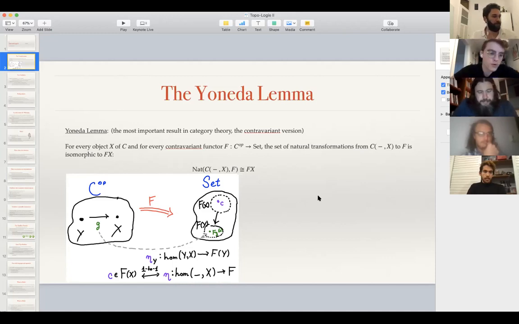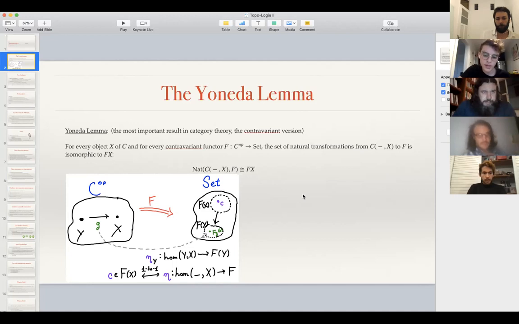Going over it again, the statement is that if we have any category C, and an object X in it, and we also have a contravariant functor F. There's also a covariant version, just take away this op, and it works equivalently.